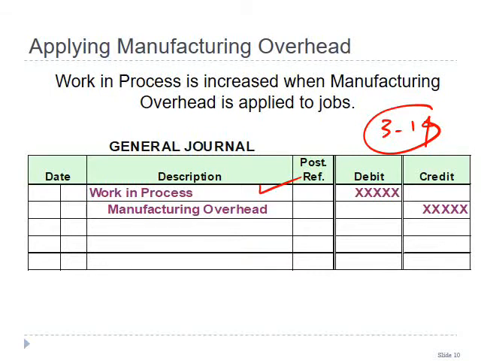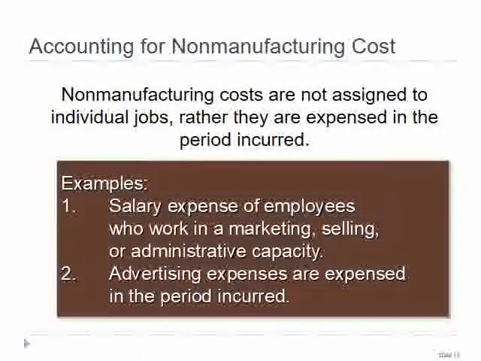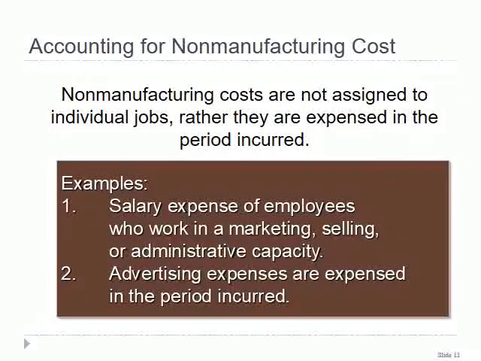When we applied the overhead, we debit work in process and credit manufacturing overhead. The previous slides basically covered how we account for applied manufacturing overhead. The difference between applied and actual we're going to cover in later slides.